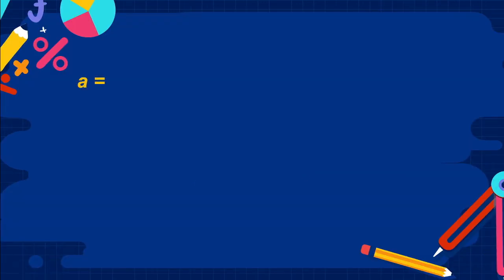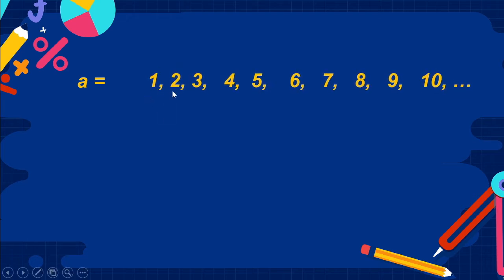Okay, suppose we have a is equal to 1, 2, 3, 4, 5, 6, 7, 8, 9, 10, and we will get a squared. If a is equal to 1, that means we have 1 quantity squared. If a is equal to 2, we have 2 quantity squared.